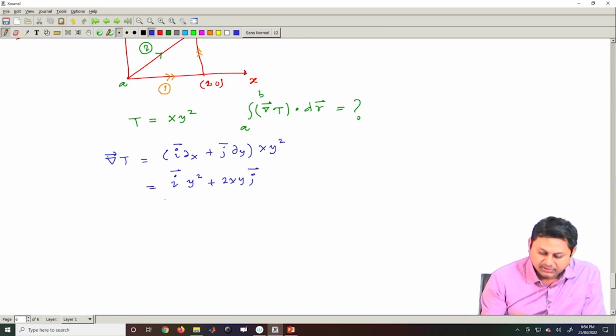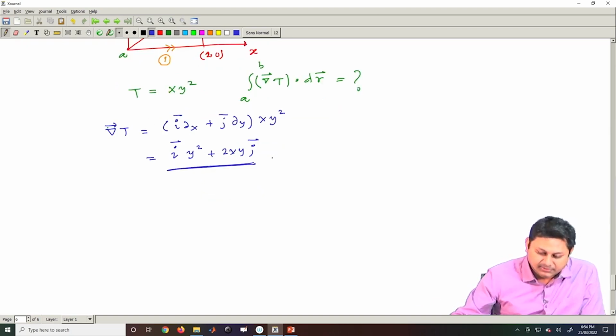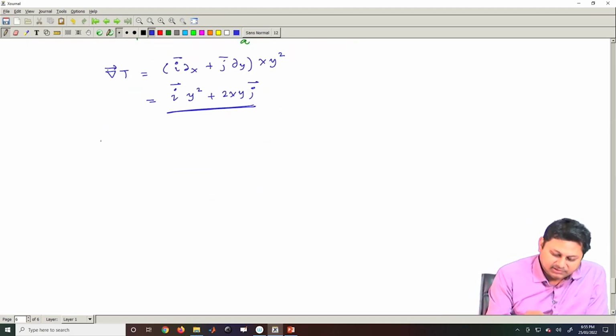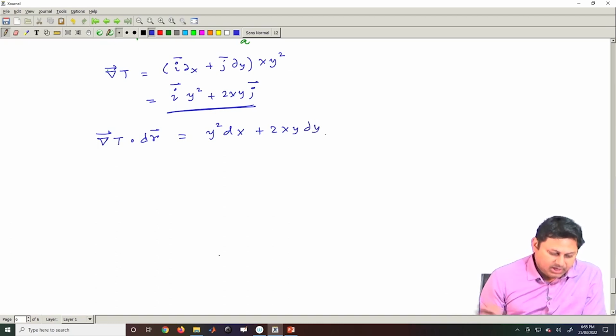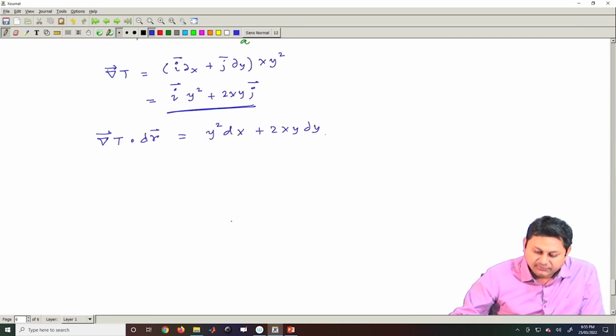This is my vector field, and next I need to calculate this quantity, gradient T dot dr. This is y square dx plus 2 x y dy, that is all. Now, I need to calculate this integral for 2 paths.